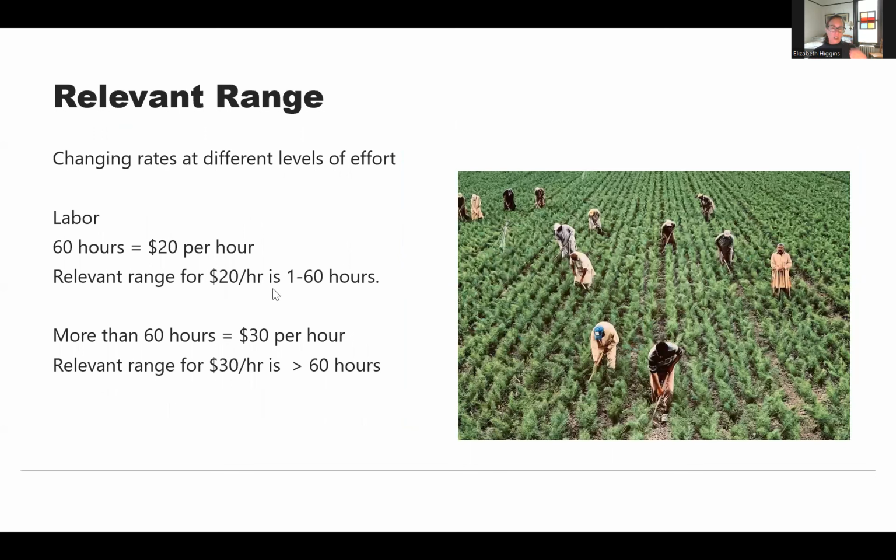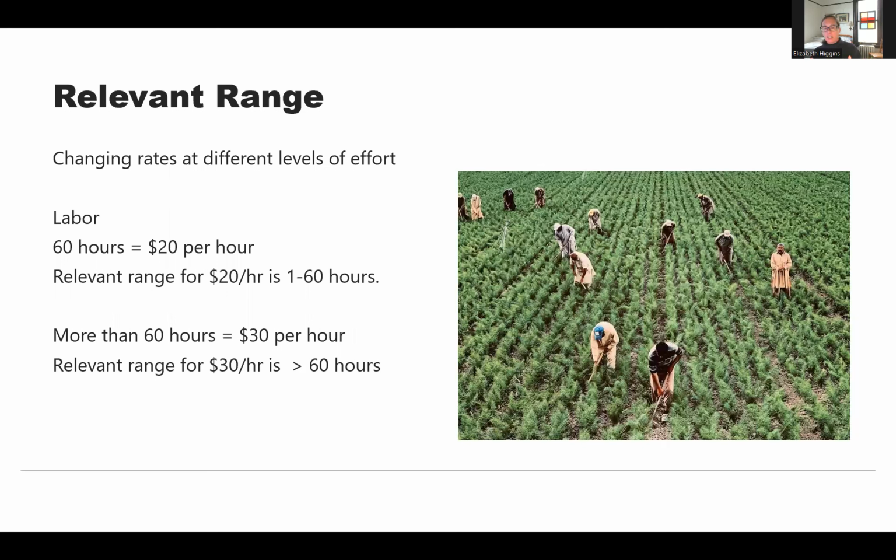It also can change rates at different levels of effort. Utilities can change during different times of the day. One that we see a lot is labor. At 60 hours, below where we have to pay overtime, the relevant range for a $20 an hour estimation of labor costs would be from 1 to 60 hours.